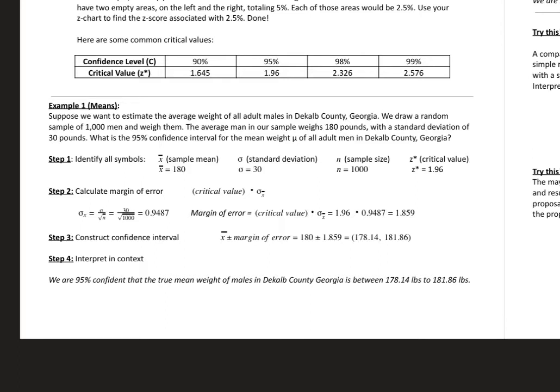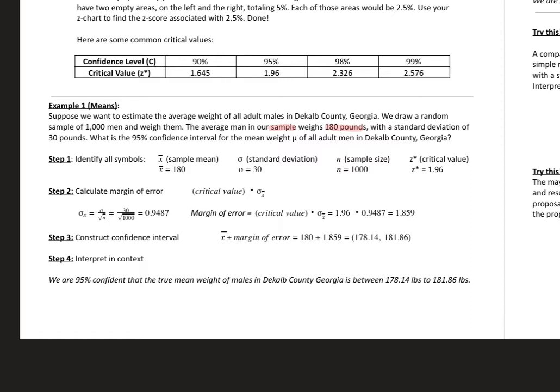Step one, we're going to identify all the symbols. For mean problems, we identify the sample mean, standard deviation, sample size, and critical value. In this problem, the sample mean is 180. The reason I know that's a sample mean is it says the average man in our sample weighs 180 pounds.